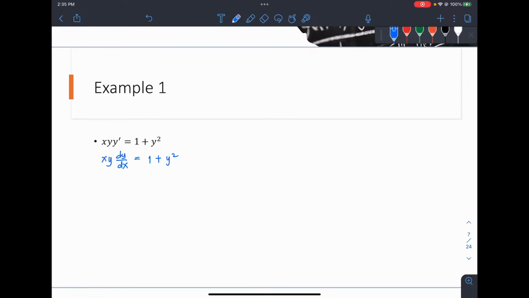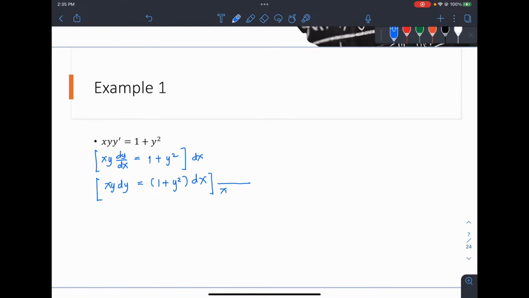And then we separate y from x, so we multiply the entire equation by dx, thus giving us xy dy, equal to 1 plus y squared multiplied with dx. Since our objective here is at the left hand side, we remove all x. To remove all x, we multiply by the reciprocal. The reciprocal of x would be 1 over x.